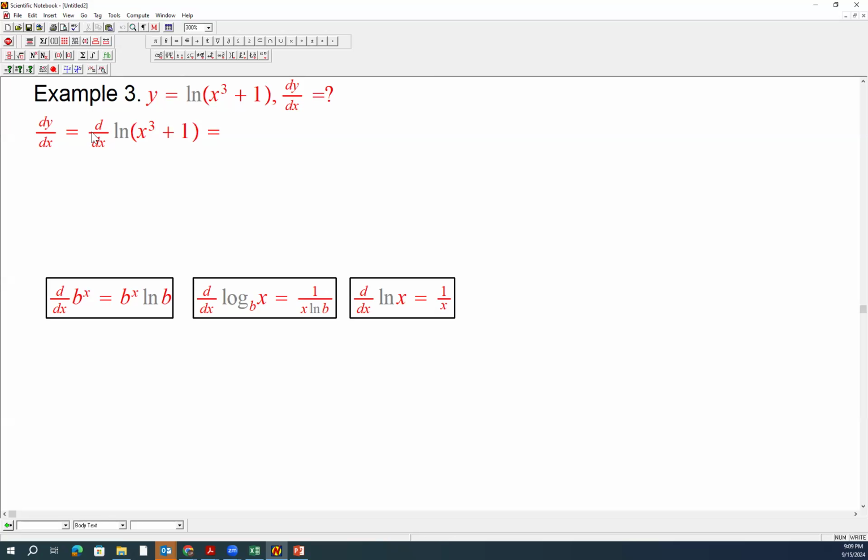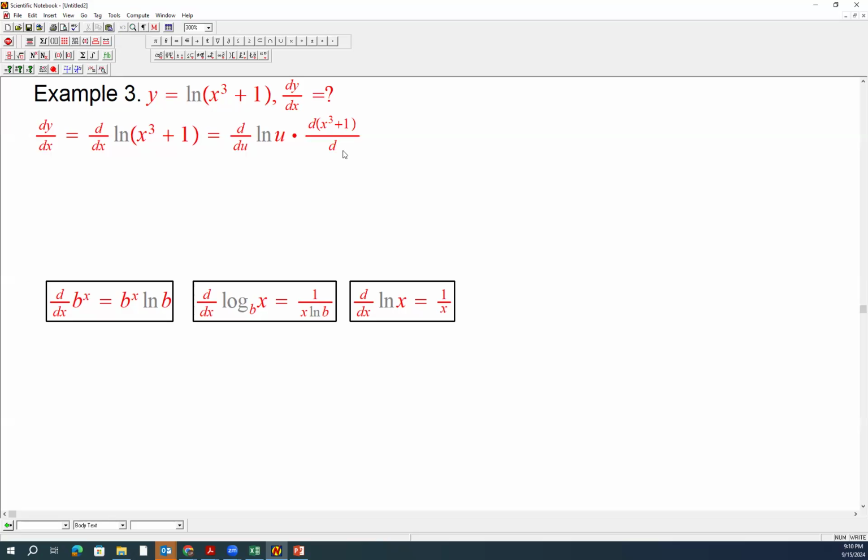And we're going to write that by the chain rule, right? So we assume this is u, so this is d/du, and then du/dx.